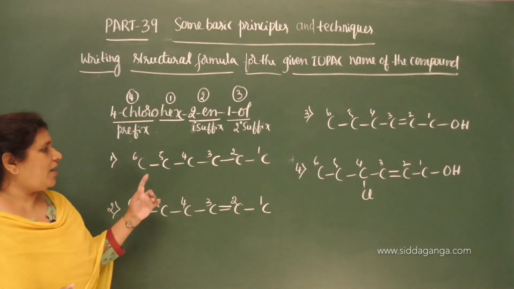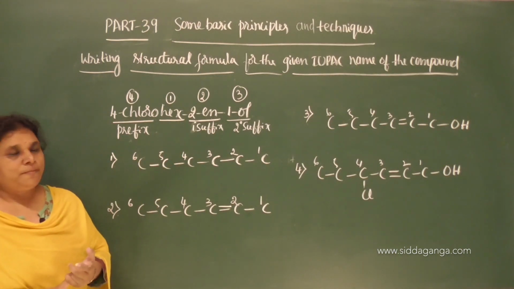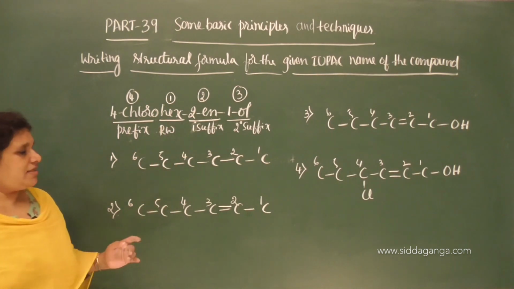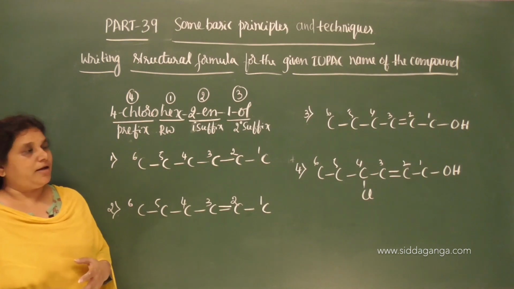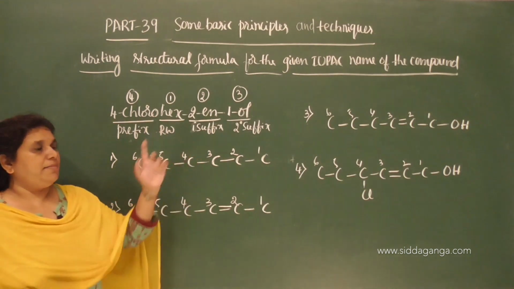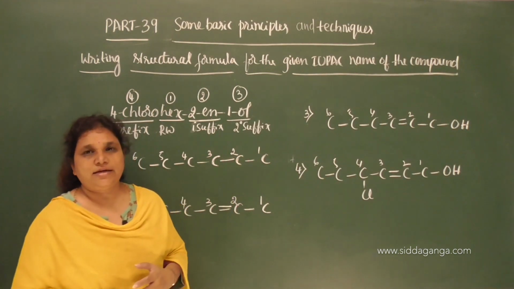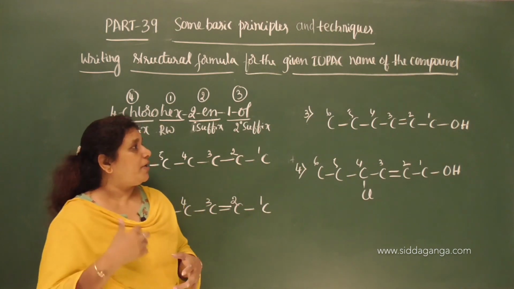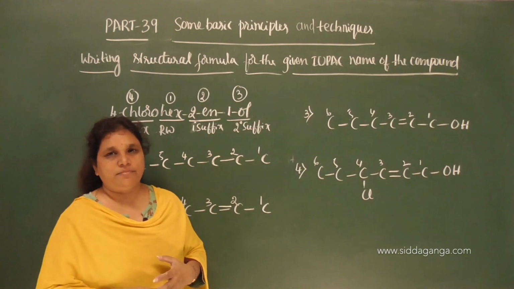First step is we have to write the carbon skeleton on the basis of root word. So this is a root word, correct? And second step, we need to place the multiple bonds on the appropriate carbon atoms in a carbon chain on the basis of primary suffix. And third step, on the basis of secondary suffix, we have to identify the functional group and we have to place the functional group on the proper carbon atom in a carbon chain.